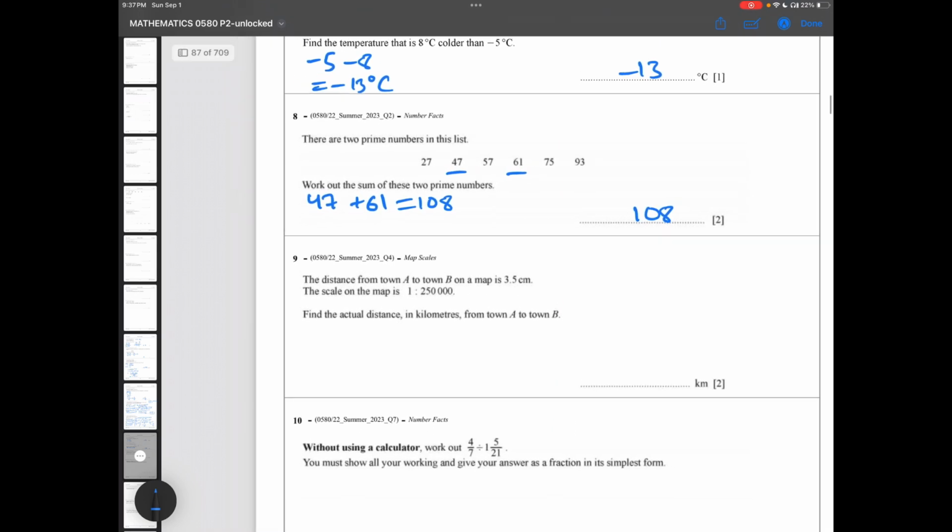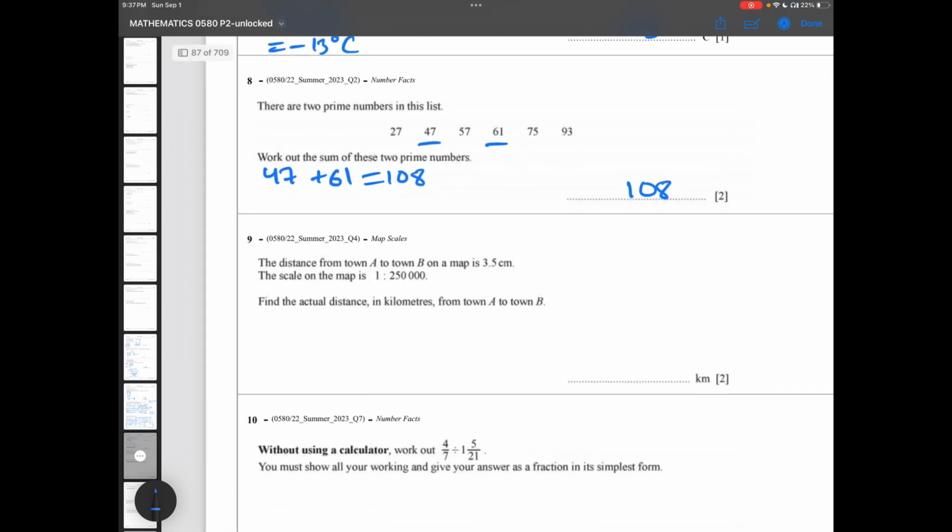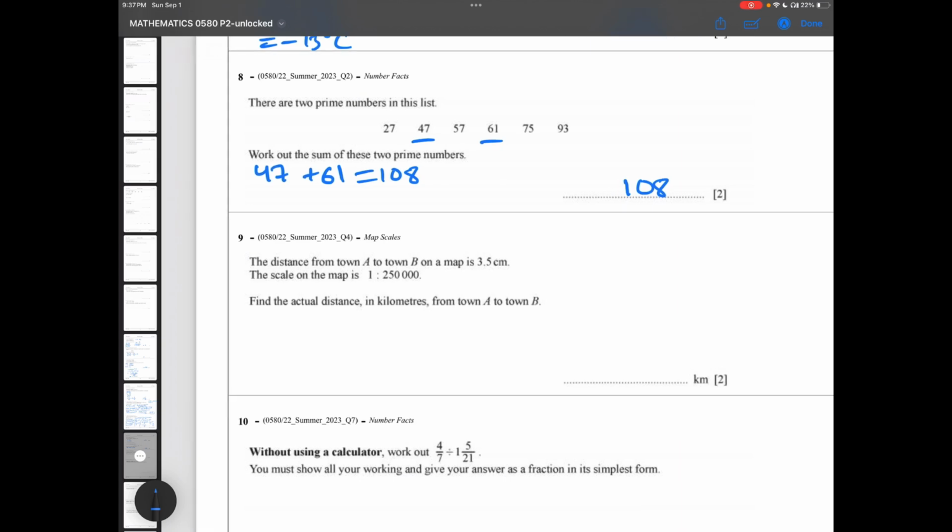Now in question number 9, it says the distance from town A to town B on a map is 3.5 centimeters. The scale on the map is 1 ratio to 50,000. We have to find the actual distance in kilometers from town A to town B. So 1 ratio to 50,000.